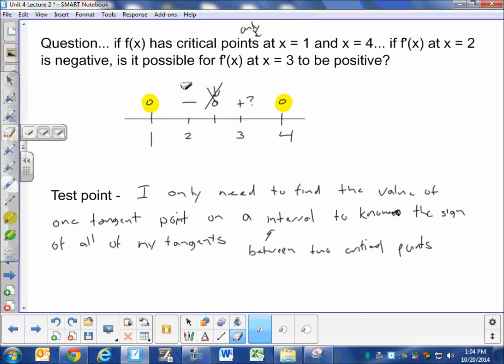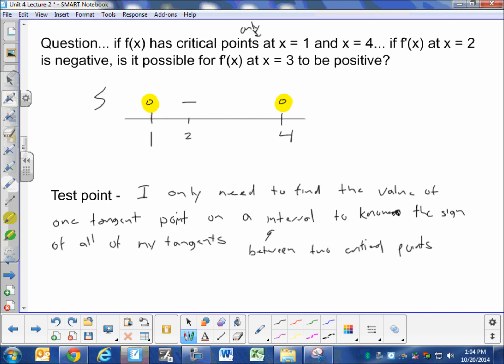So if I go back to the last situation, if I know that the sign of f prime at 2 is negative, I therefore know that the sign of every single x value between 1 and 4 also has to be negative. The only way that can't be is if I did not find all of the critical values.